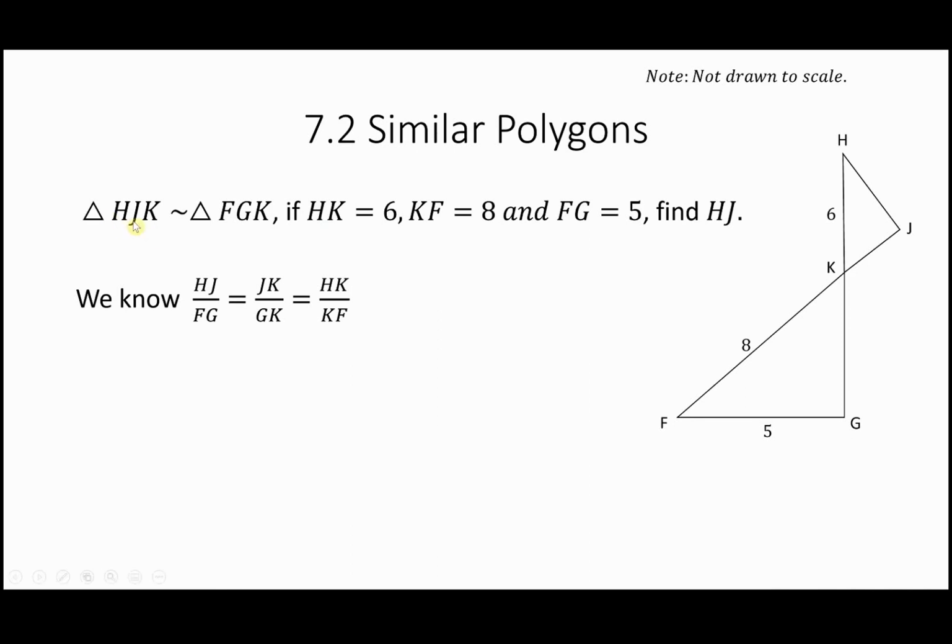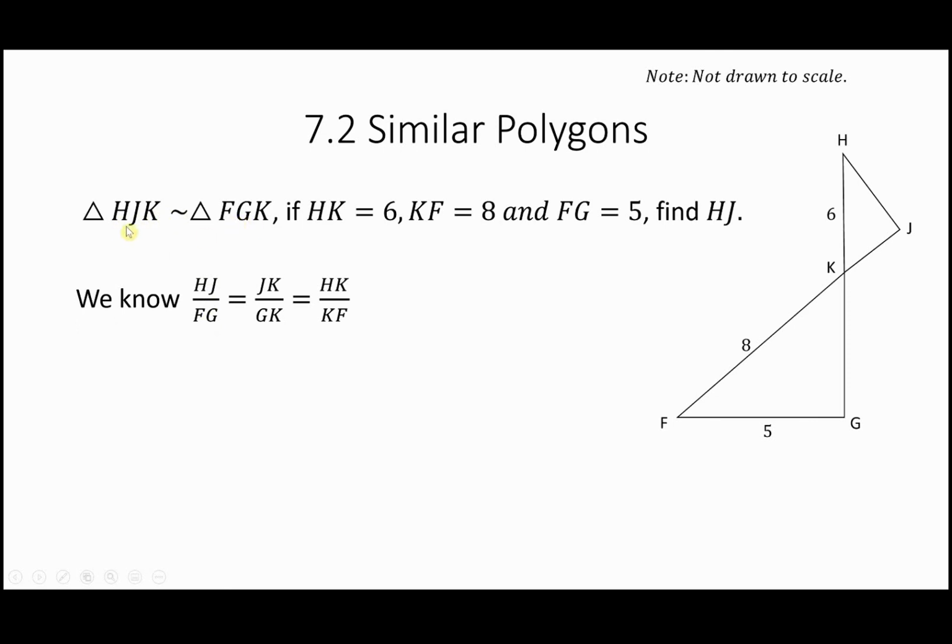Every combination of two letters gives you a ratio of side lengths. There are going to be three different ratios because each triangle has three edges, and each edge of one triangle corresponds to an edge in the other. Which edges correspond? The letter order gives you clues, okay?